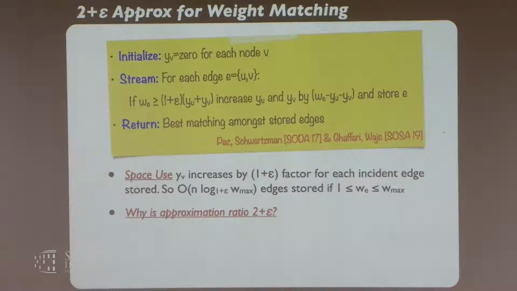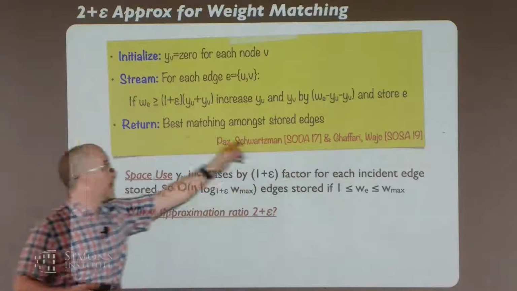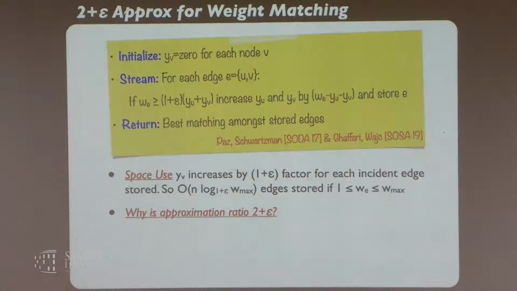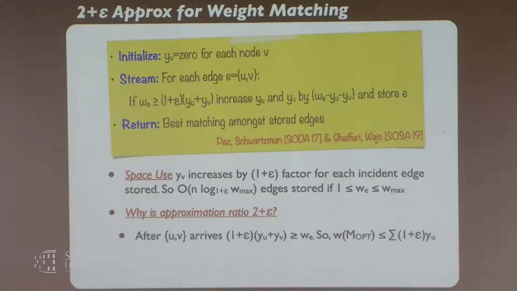Where does the approximation ratio of 2 plus epsilon come from? I'm not going to be able to prove this fully, but let me give you some intuition. Now, the intuition in Mohsen and David Wajc's paper is expressed fairly naturally in terms of linear programming. You can actually do this without linear programming, without going into too much of a detailed charging argument, as follows.